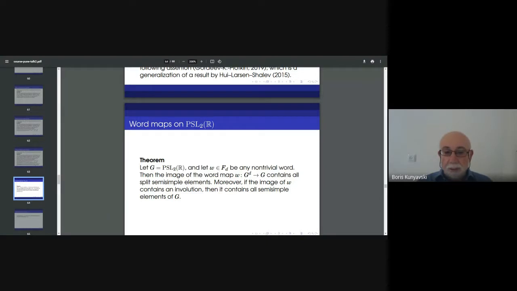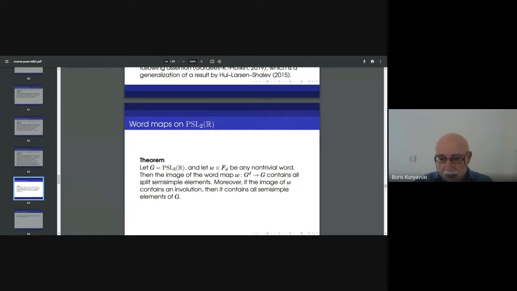So let's consider PSL2(R), a very well-known group, and this group has lots of interesting properties. Maybe some of you read a book of Serge Lang with the title SL2(R). It appears in mathematics in so many different contexts, so it's maybe the most famous group in mathematics.